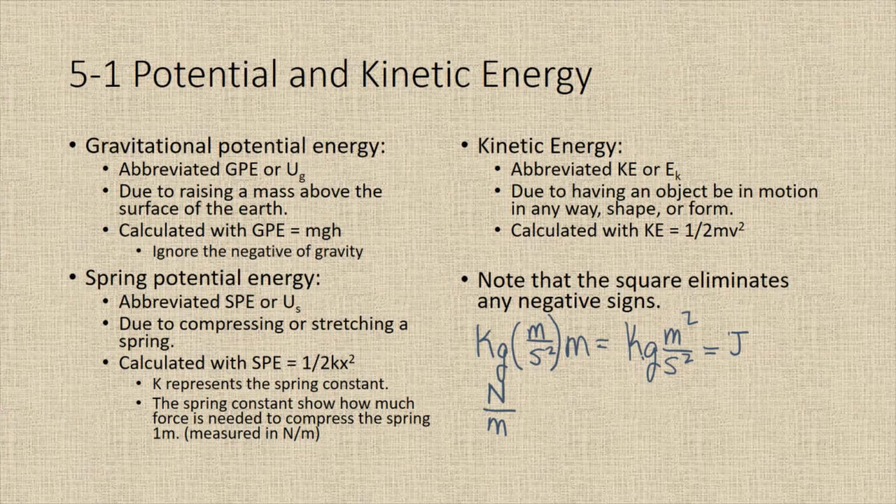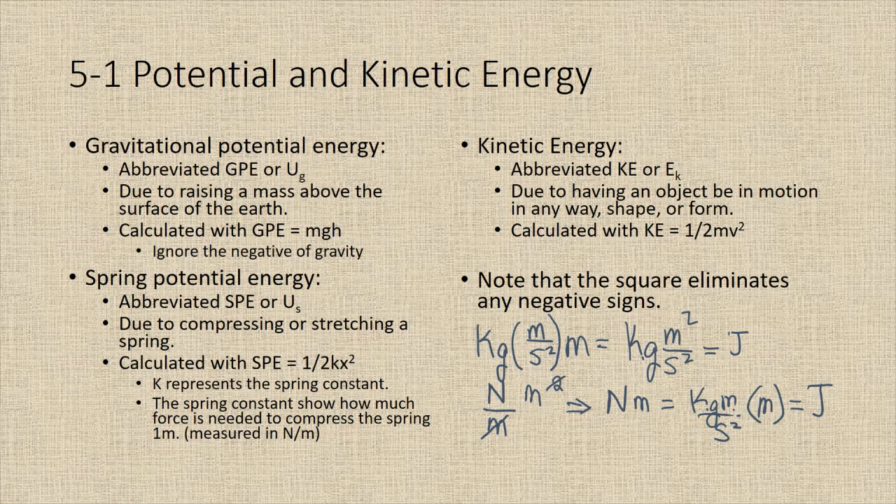And that's multiplied by distance squared, so x measured in meters squared. So the units of meters cancel out one of the square, leaving us with Newton meters, which is the same as kilogram meters per second squared times meters, which gives us kilogram meters squared per second squared. Once again, that gives us the joule.